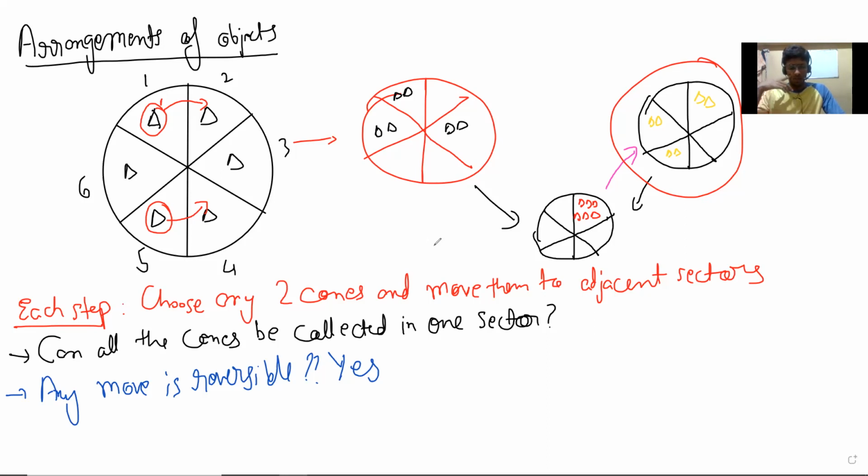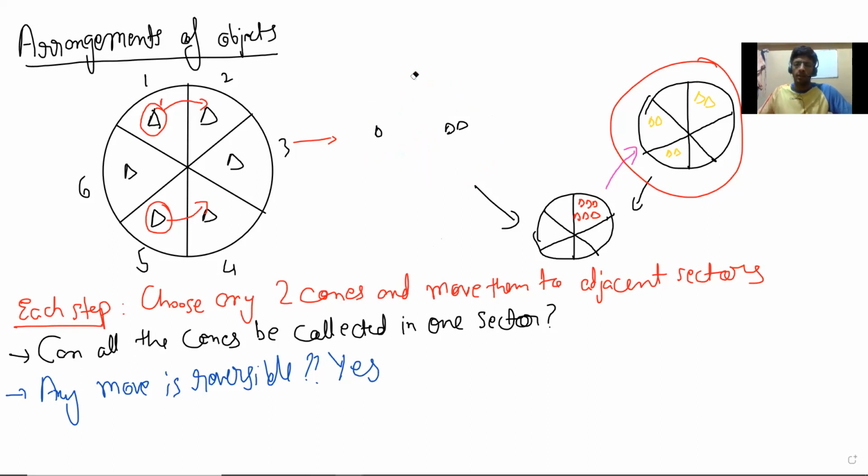Oh, it's not working once again. Okay, so let us then assume that we are not allowed to choose two cones from the same sector. So this is correct.